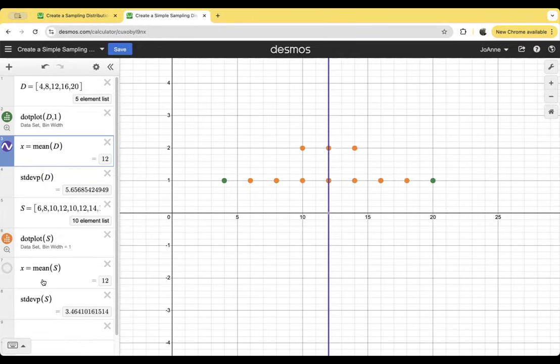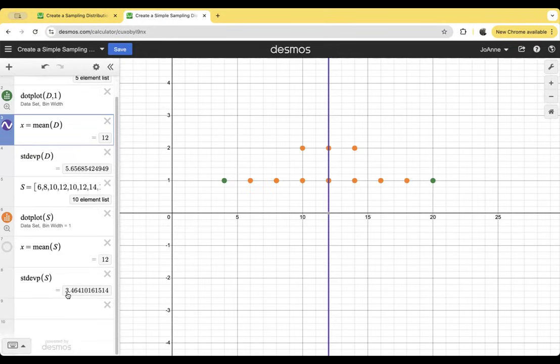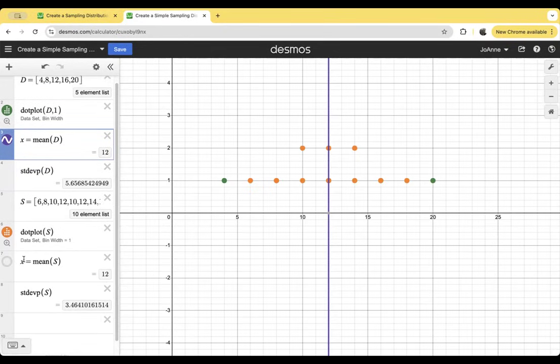I do calculate the standard deviation down here, 3.4641 for the orange dots, and I also calculate the mean, 12, which is the same as the mean of the population. Okay, so let's confirm that with the calculator.